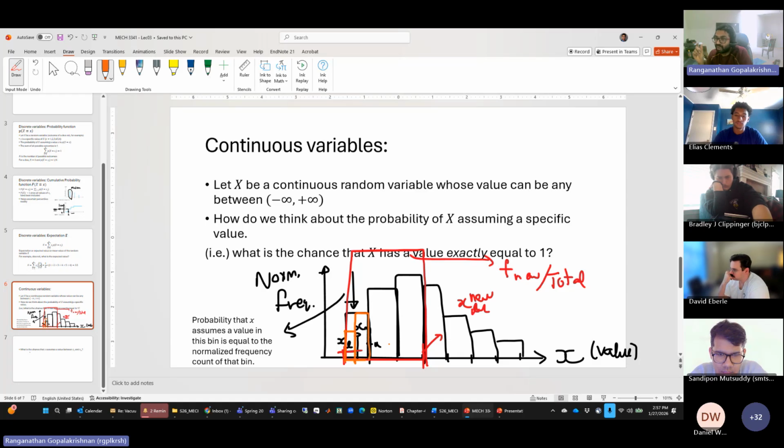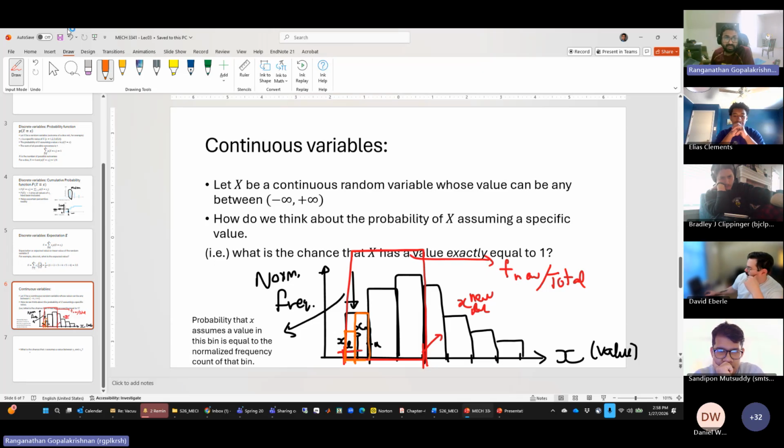That is, the chance of X taking a value in a narrow range is small. The chance of X taking a value in a wider range is larger. Or in other words, the probability of X assuming a value in a certain range is also dependent on the width of the range. If you choose a very narrow width, it will look like it is artificially 0. If you take a very wide range, it will look like it's artificially high. Would you agree with that?